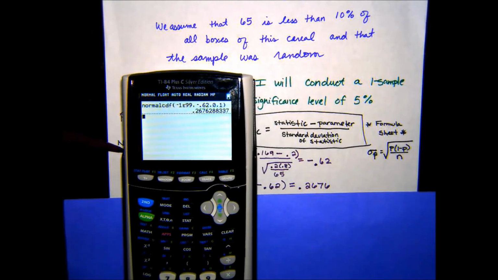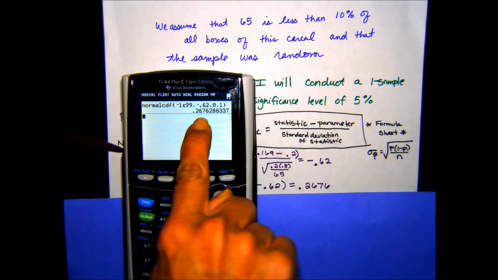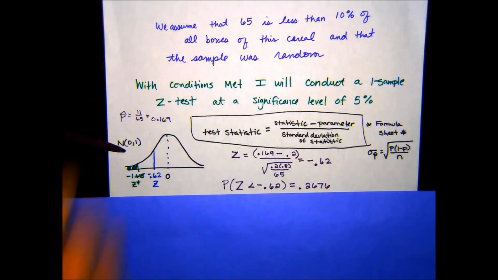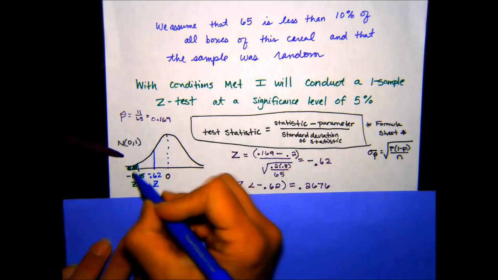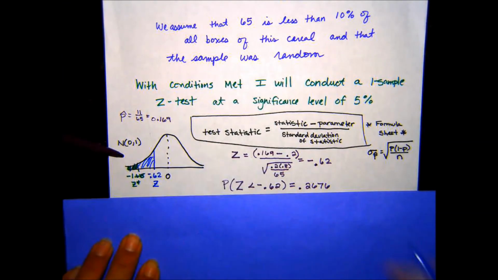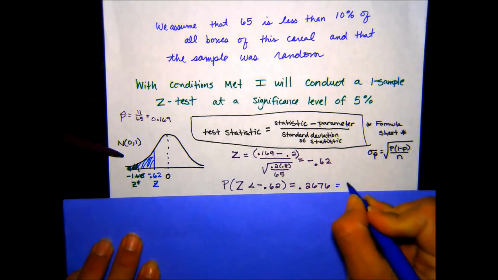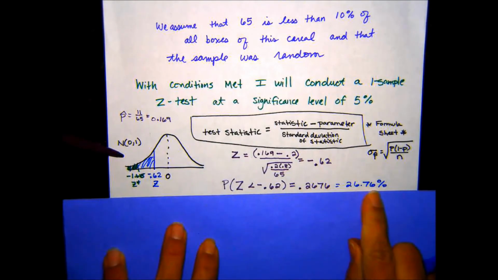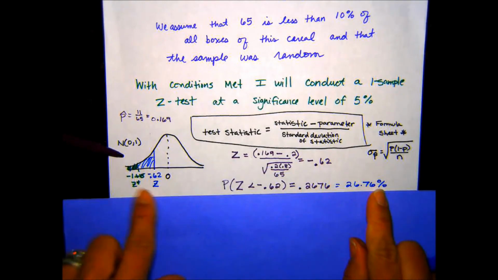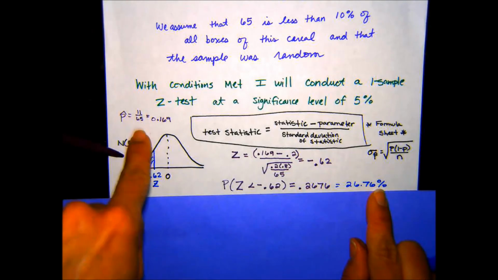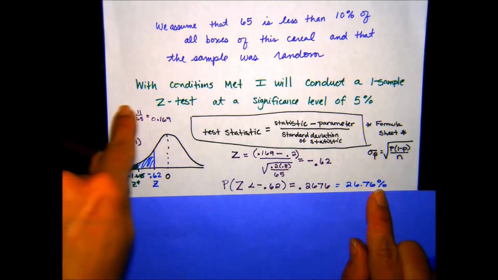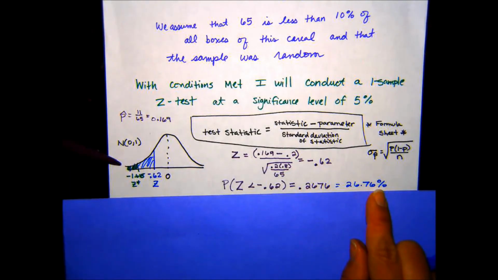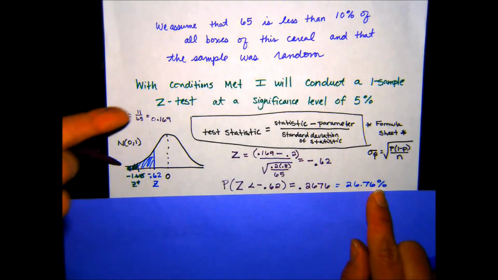The area left of my test statistic is about 26.76%. There is a 26.76% chance of obtaining this test statistic, this original p-hat. There is a 26.76% chance that we would get a sample of 11 successes out of 65 boxes of cereal.